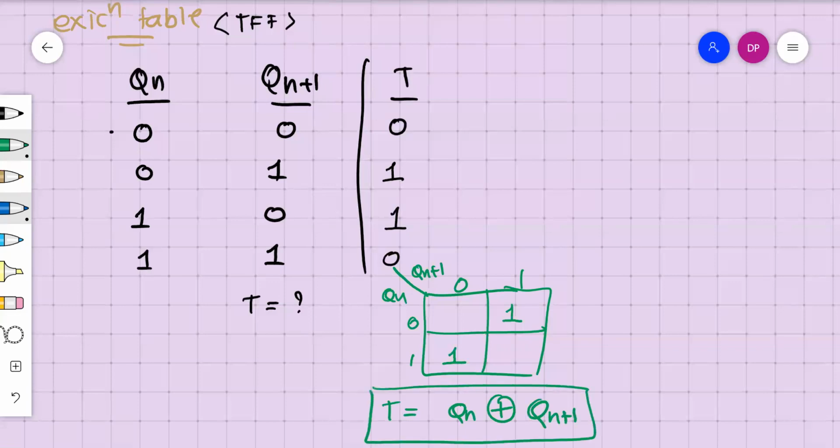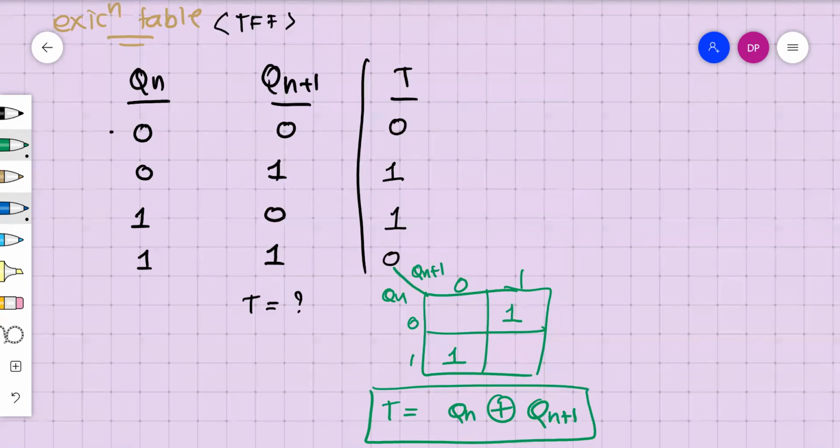Right. So what we have discussed in today's class is the JK flip-flop and how it is working, and we made its truth table, characteristic table, excitation table, and we looked into the limitations of the JK flip-flop, that is the race around condition.